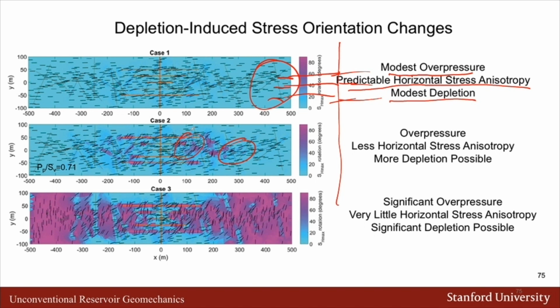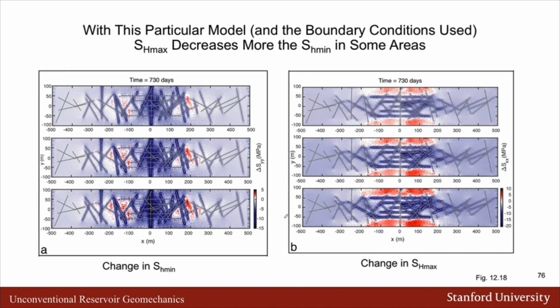In case 3, where there's very little horizontal stress anisotropy and significant depletion, we actually see a 90-degree change in the orientation of the stress out here, because suddenly the change in the least horizontal stress is larger than the change in the maximum horizontal stress.